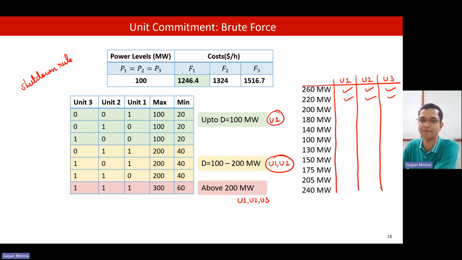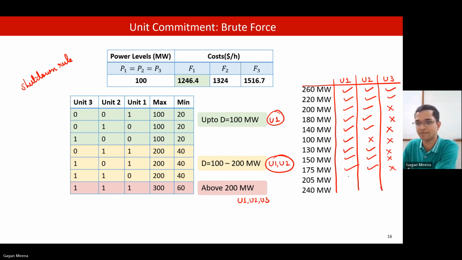Up to 200, unit 1 and 2 only. 3 is not here. Now 180, unit 1 and 2. 140, 1 and 2. Up to 100, only 1. Then 1 and 2 again, 1 and 2, 1 and 2, no third. Then all the 3 are on. So this way we can use this.